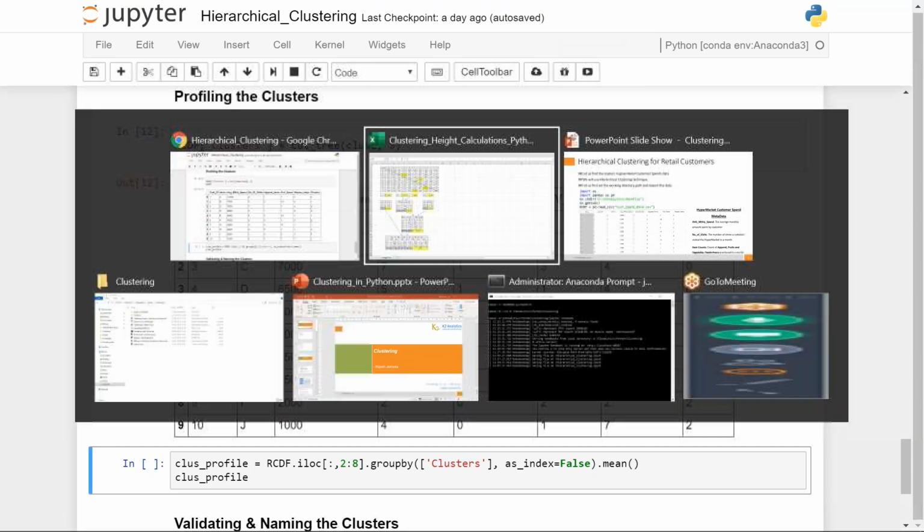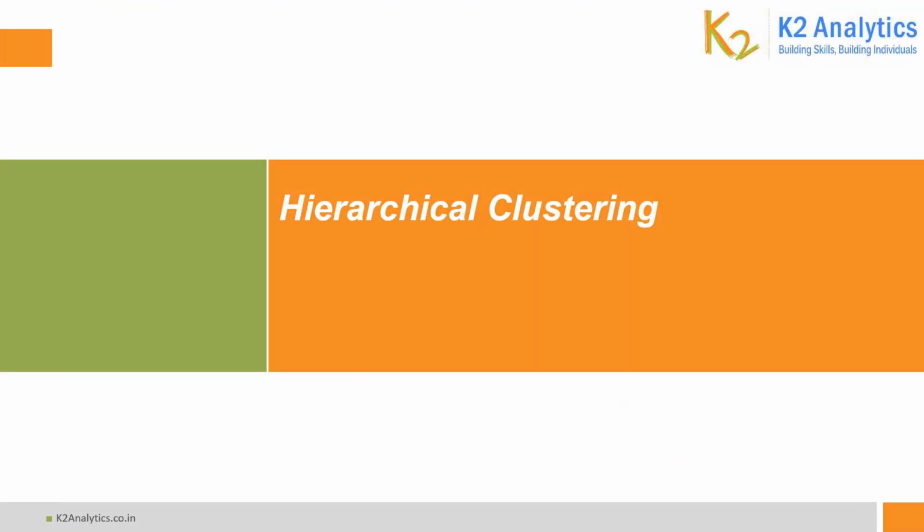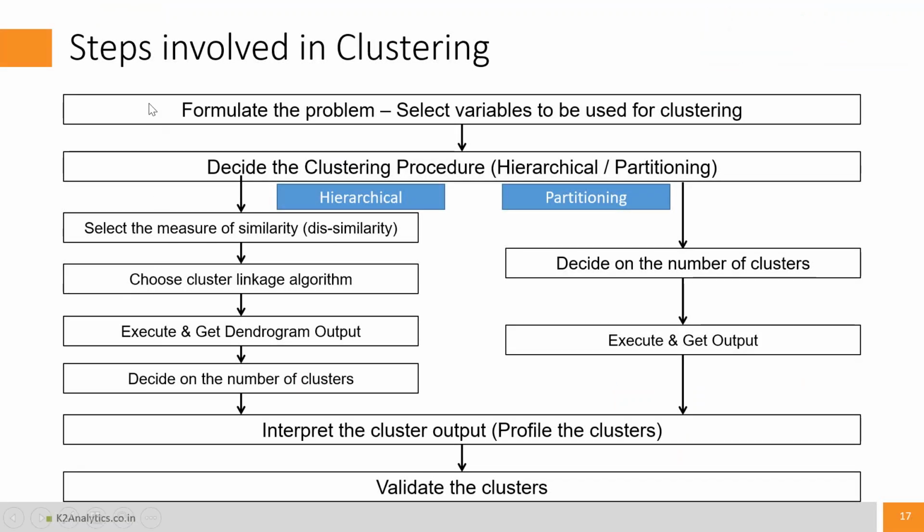If you go back to your presentation, the earlier slide where I had shown you the steps: formulate the problem, we formulated the problem by deciding the number of variables; decide the procedure, we took hierarchical; select the measure of dissimilarity, we said Euclidean; choose the linkage algorithm, we said average; execute the code, get the dendrogram, we executed the code; decide on the number of clusters by seeing the dendrogram, we decided 3 clusters; interpret the cluster output. Now we have reached this level, interpretation of the cluster output.